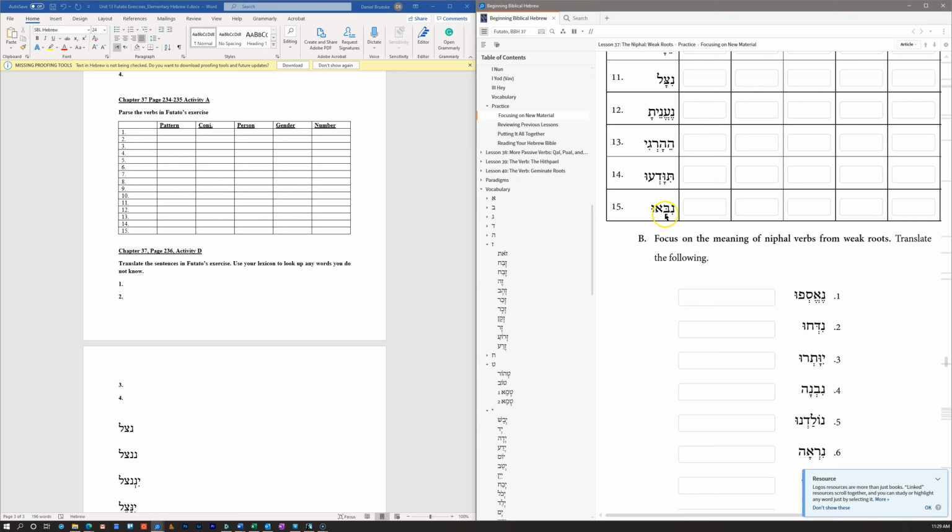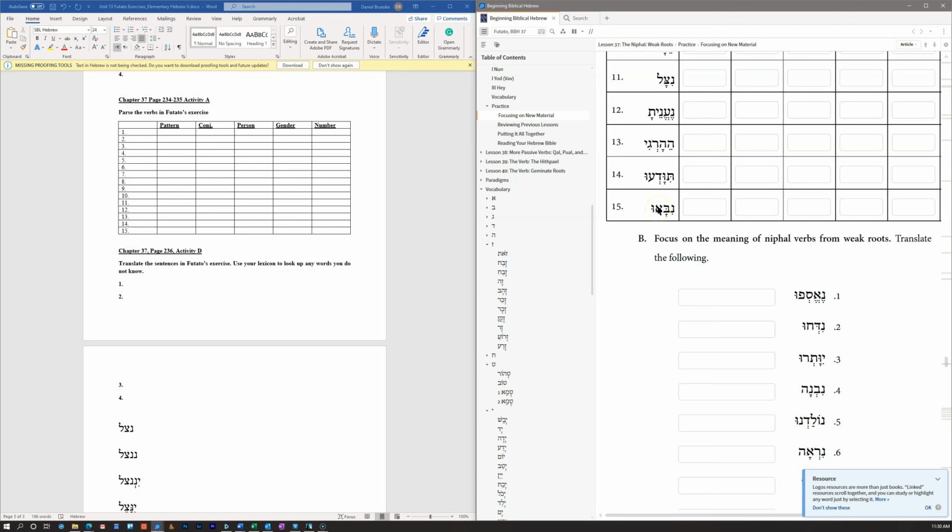This Kamets here is what's throwing me. I'm expecting this to be a Patak. The reason why it's a Kamets is because the aleph is quiescent. It can't close that syllable, and so the patak lengthens to a kamets. This is a really tricky one. But that's what it is. This is Niphal perfect from Naba, where you would expect to see a patak theme vowel in the perfect like this, and actually you would expect this to be a shava, usually, if this was any other consonant.